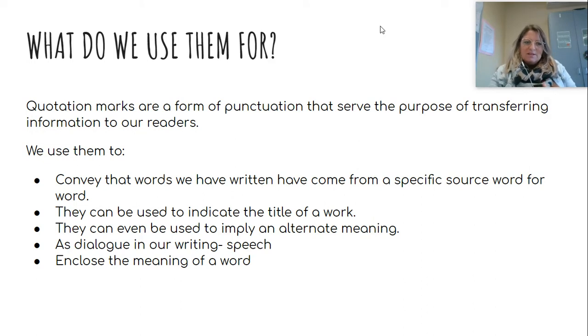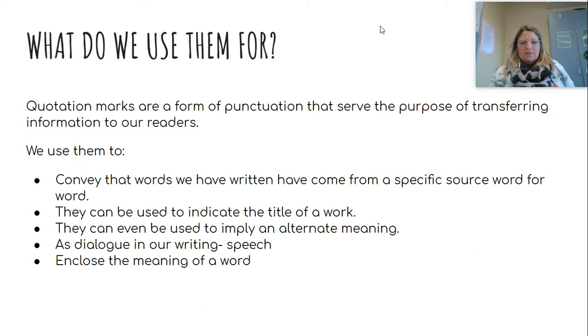One of those is that we can convey that words we've written have come from a specific source, word for word. Okay, I'm going to go over these a little bit more. The second point is they can be used to indicate the title of a work. The third is they can even be used to imply an alternate meaning.